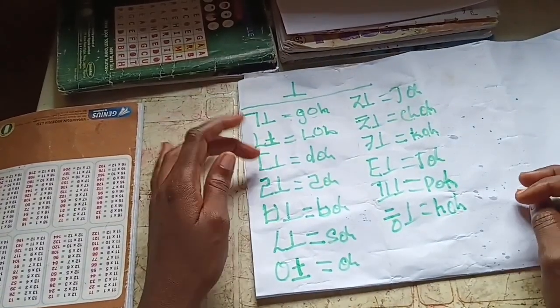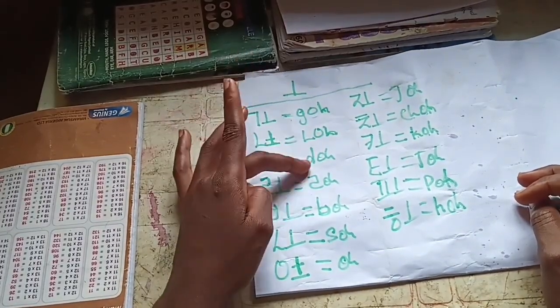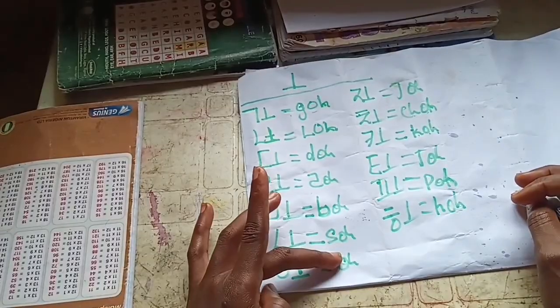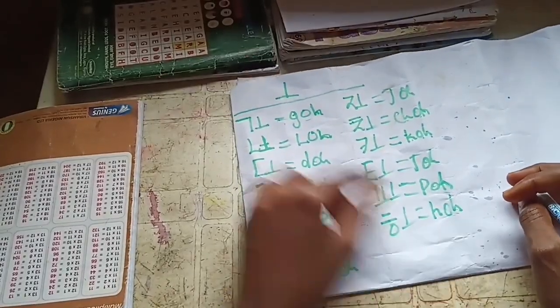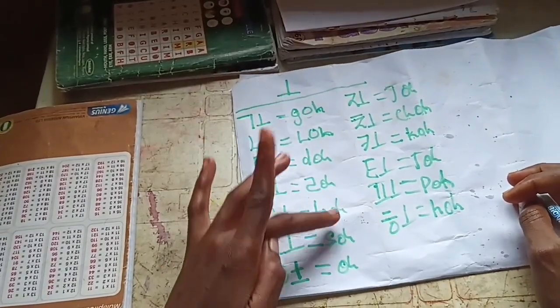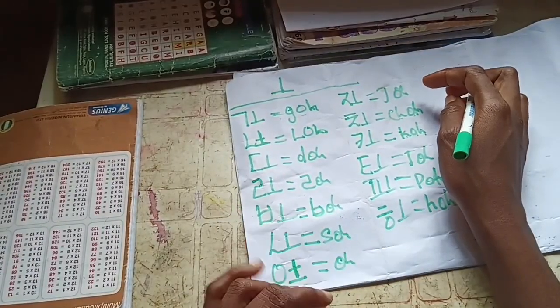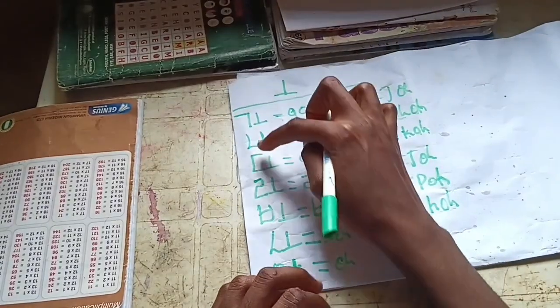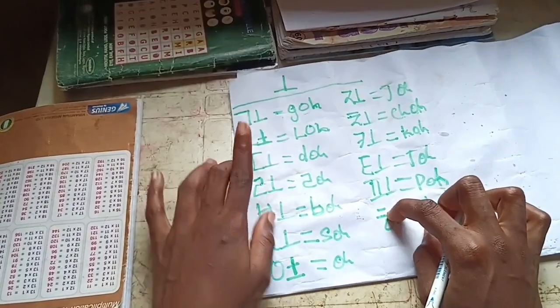So, go, no, do, ro, bo, so, o. Jo, cho, ko, to, po, o. I think I missed one. 1, 2, 3, 4, 5, 6, 7, 8, 9, 10, 11, 12, 13. I missed one.